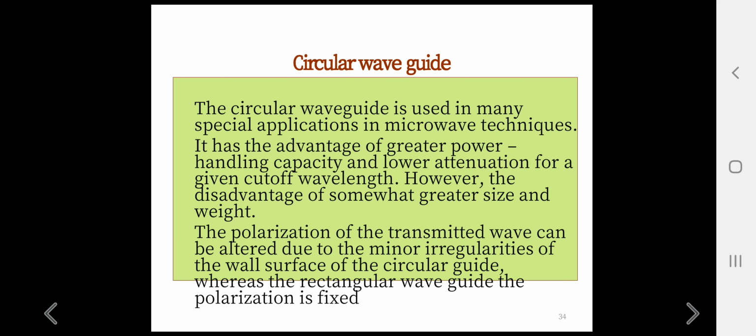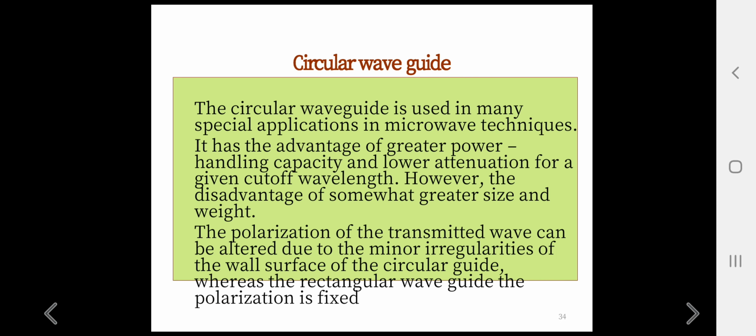Circular waveguide is used in many special applications in microwave techniques, and it has the advantage of greater power handling capacity and lower attenuation for a given cutoff wavelength. The only disadvantage is somewhat greater size and weight.